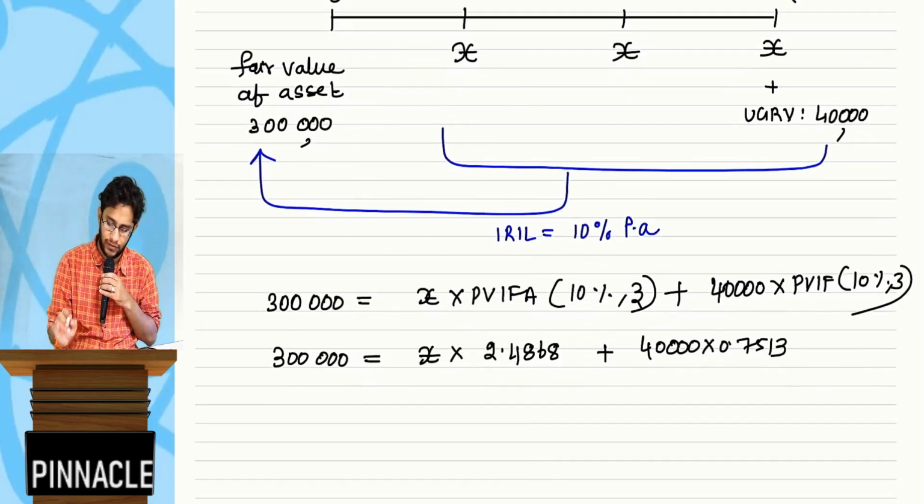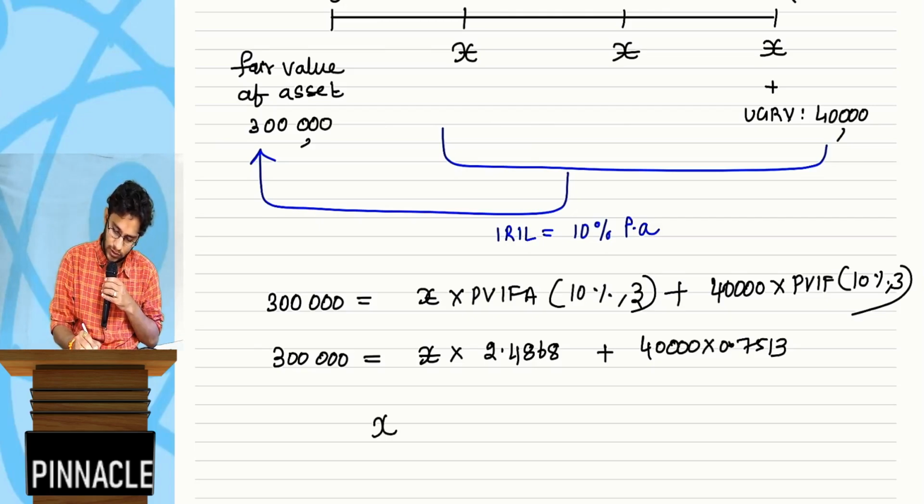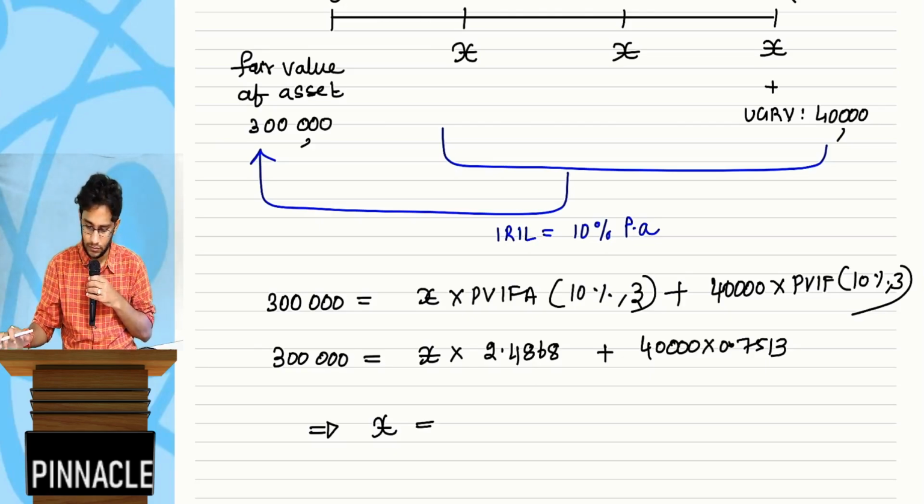One also you can write, but leave it, whatever he gave, use that, because X basically we don't know. So X is equal to, sort out this: 3 lakhs minus 40,000 into 0.7513, divided by 2.4868.